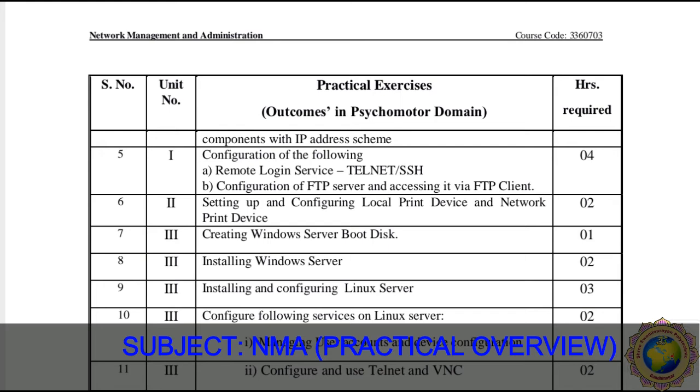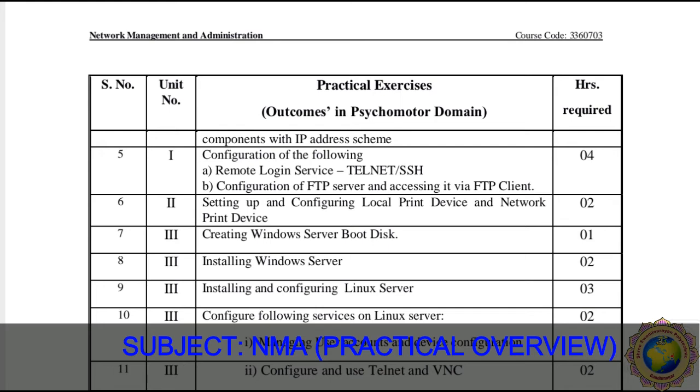Then practical number 6 is setting up and configuring a local print device and a network print device. This is the connection with a printer. Setting up and configuring a local printing device is wired, and a network printing device is wireless.